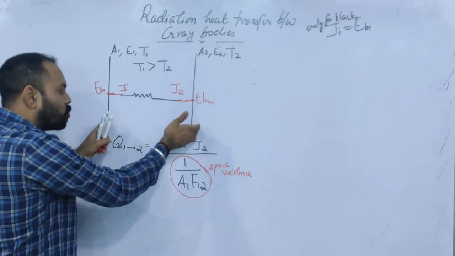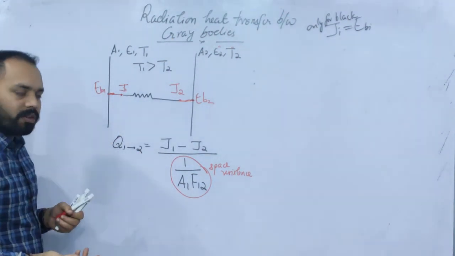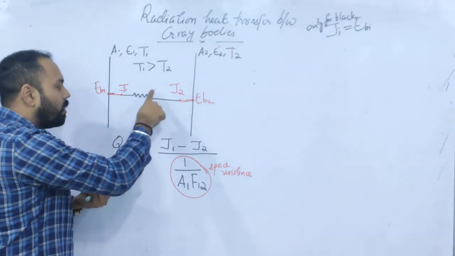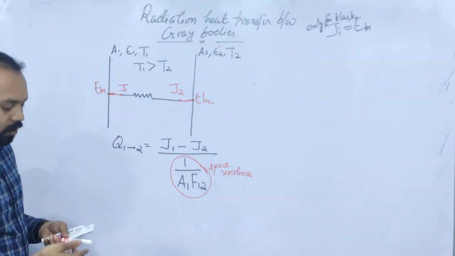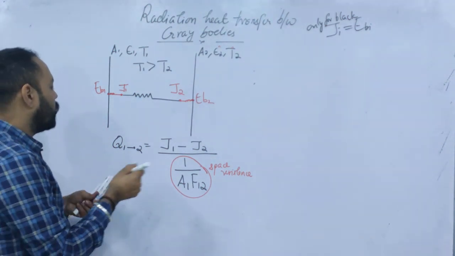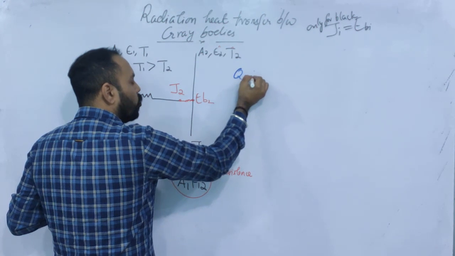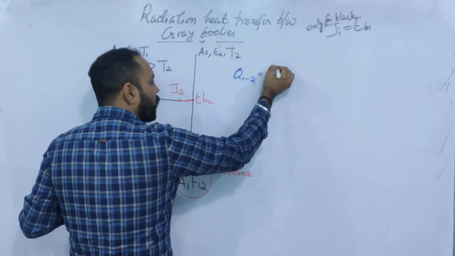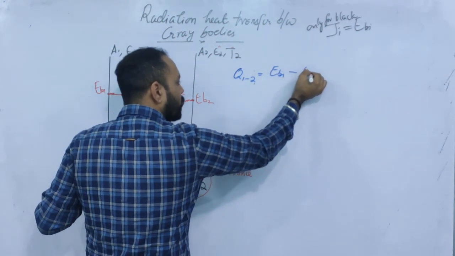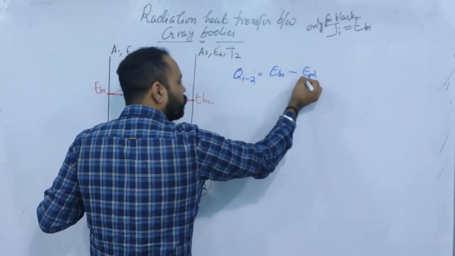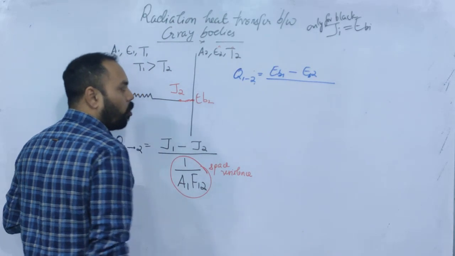Now between these two plates, what are the different types of resistance? The surface resistance of the first plate, space resistance, and the surface resistance of the second plate. So to write the net amount of heat transferred, Q12 is equal to the driving force EB1 minus EB2, where EB1 is sigma T1 to the fourth, EB2 is sigma T2 to the fourth, divided by the sum of all the resistances.